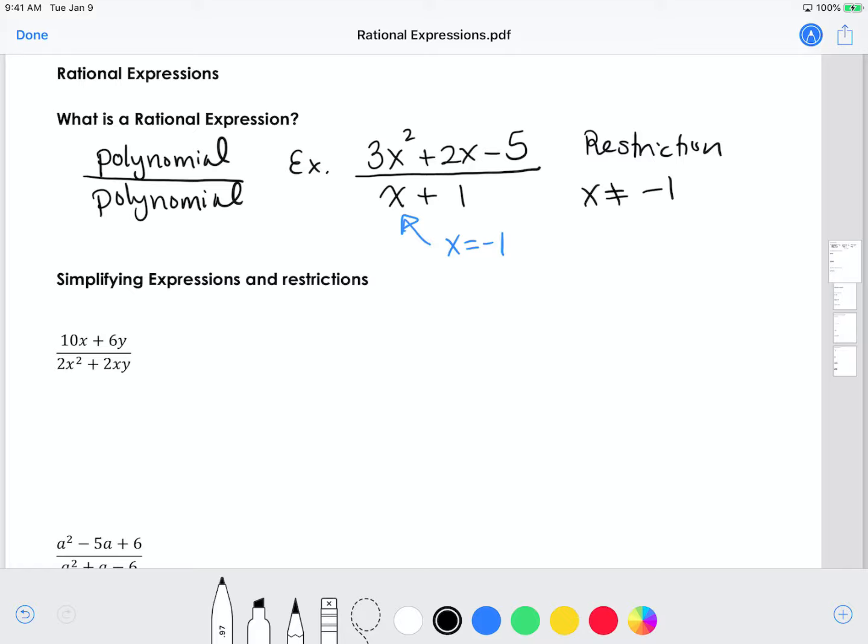So the first thing we're going to talk about is simplifying rational expressions. When we simplify rational expressions, we're going to simplify just like we do a numerical fraction.